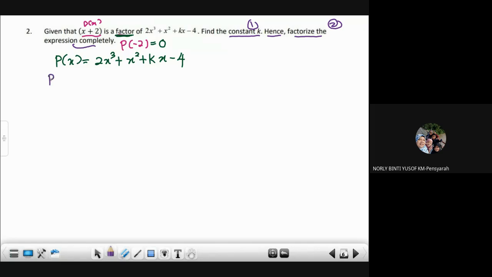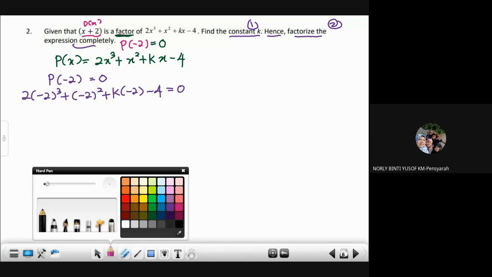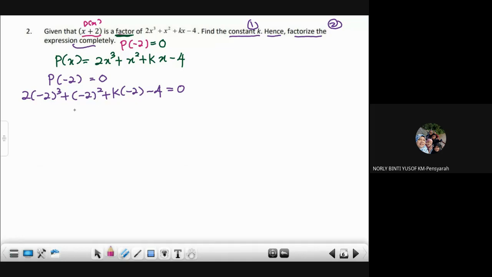So 2(-2) power of 3 plus (-2) kuasa 2 plus k(-2) tolak 4 sama dengan kosong. Okay, then we solve. We will obtain negative 2k minus 16 equals to 0. Dapat 2k sama dengan 16, k equals to 16 divided by negative 2, negative 8. So dapat k.